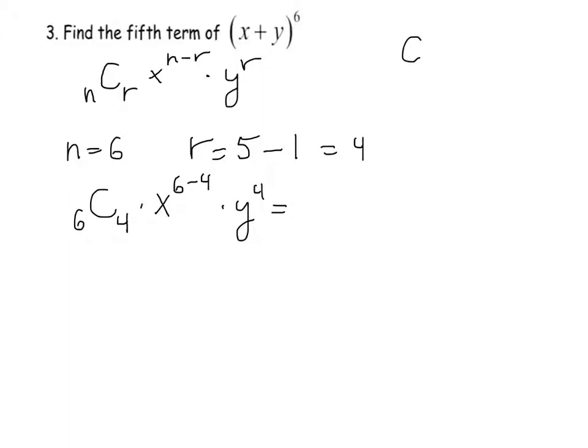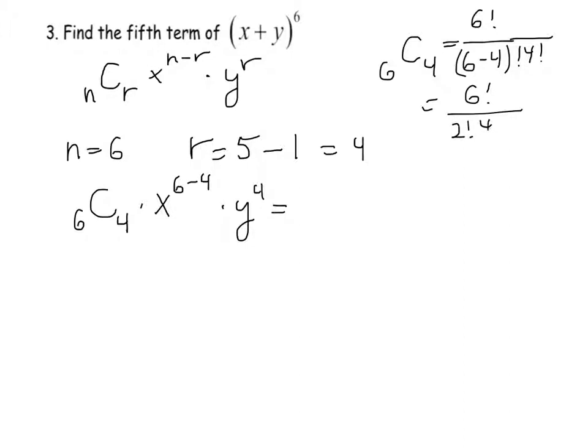So the combination of 6 choose 4 is 6 factorial over (6 minus 4) factorial times 4 factorial, which will be 6 factorial over 2 factorial times 4 factorial, which is 6 times 5 times 4 times 3 times 2 times 1 over 1 times 2 times 4 times 3 times 2 times 1.